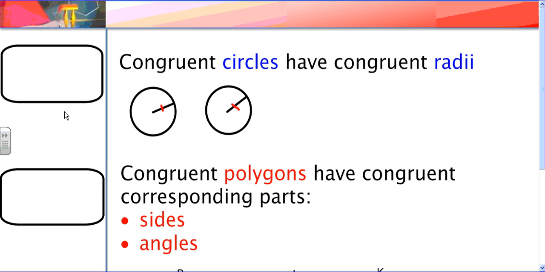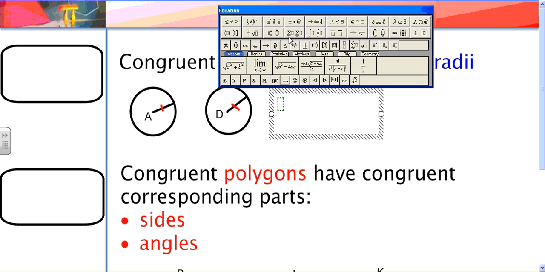So how do I write that? Well, what we need is we need to have a label for the center point. So if the center of that circle were A, and the center of this circle was, I don't know, how about D? The way that we write that is we say that circle A is congruent to circle D. So let me show you the circle symbol.